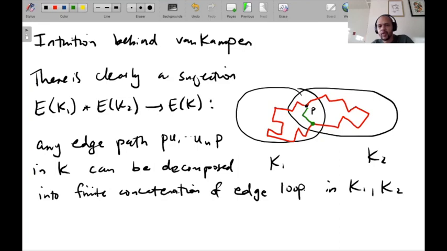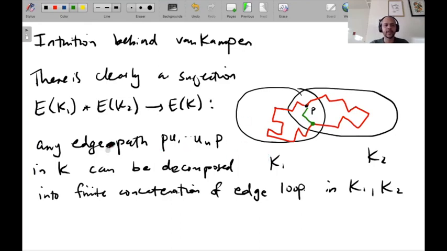And so then you can replace this original loop with a concatenation of two loops that does the red first and then the green, and then backtracks on the green and then does the remaining of the red. Of course, that backtracking gives you an equivalent loop in the edge group according to the relations on edge paths.